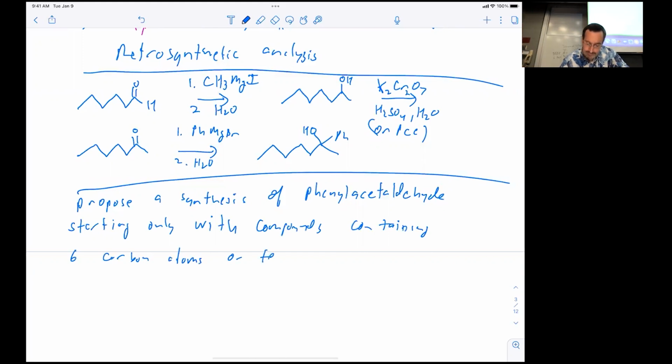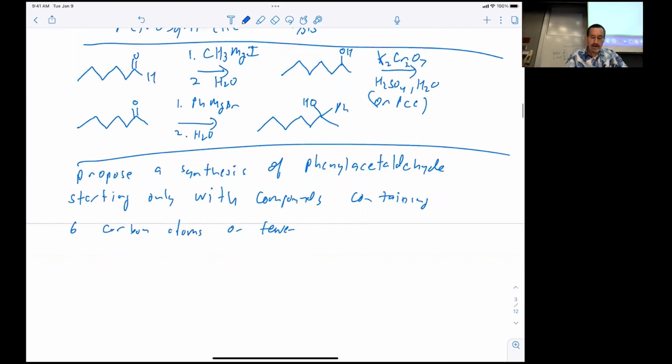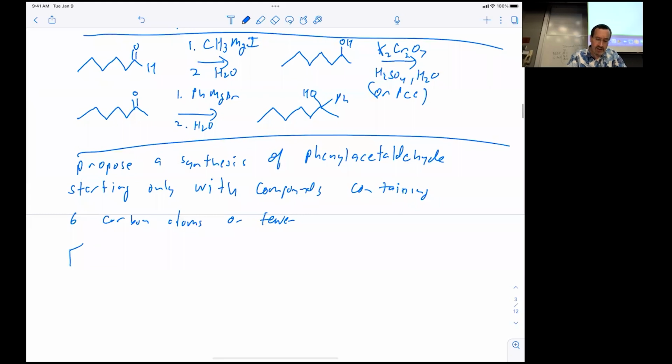All right, so again, figuring out what the structure is of this molecule is part of our job here. So this is phenylacetaldehyde.